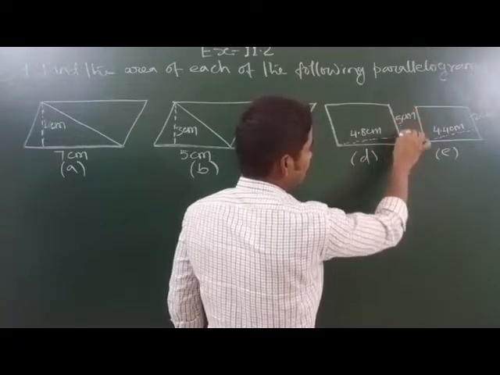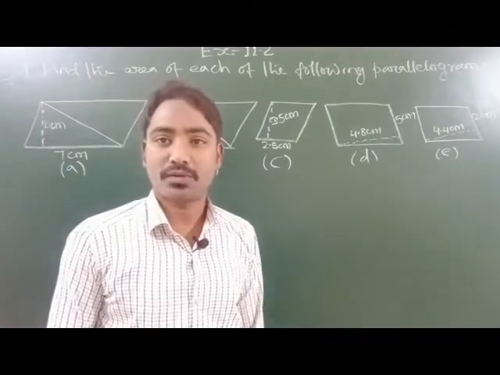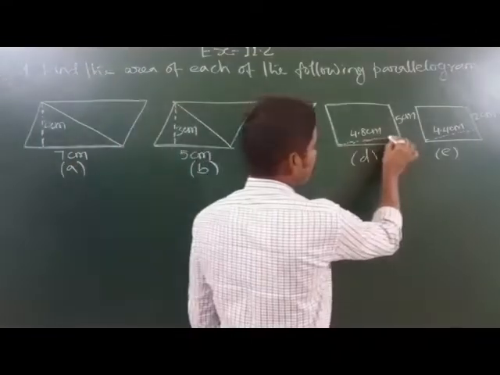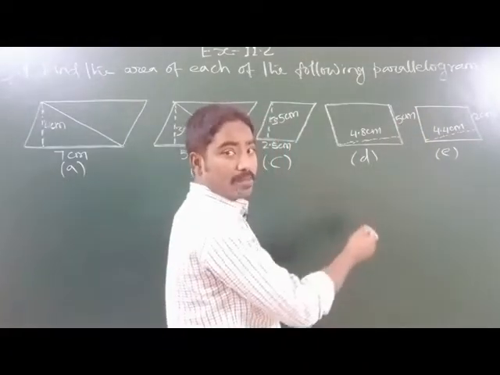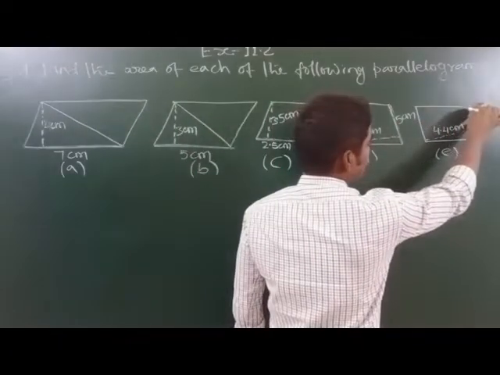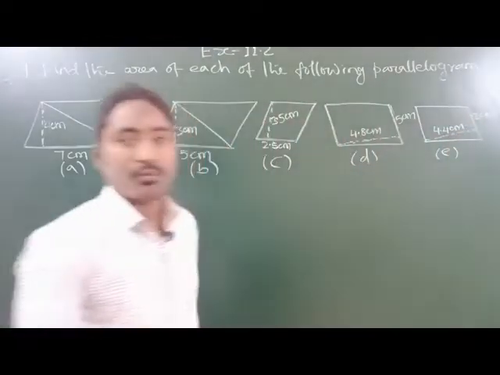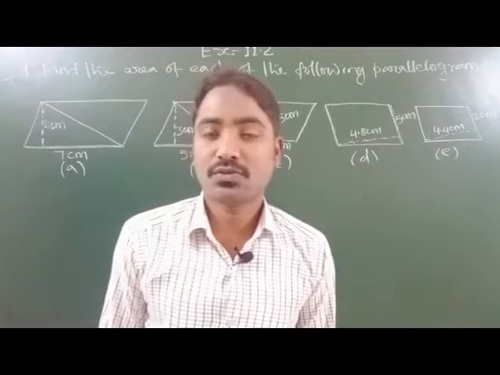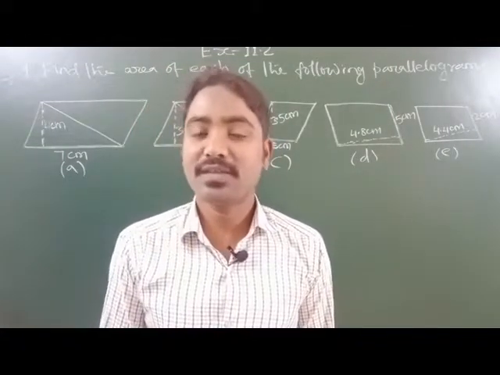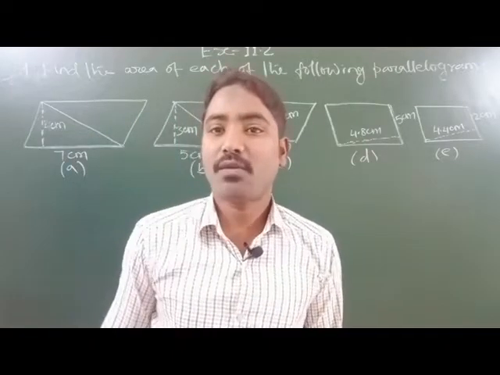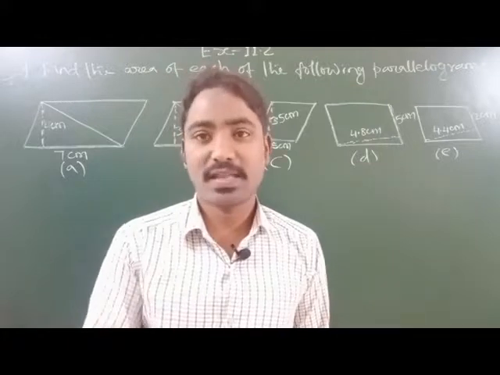Height is always perpendicular on the base. Here the perpendicular is drawn like this, so base will be this one. Similarly in the last question, this one will be the base, that is 2 centimeter, and this one will be the height, that is 4.4 centimeter. So base and height of each and every parallelogram has been given, just we have to put it in the formula and do the calculation, and we will get the area.